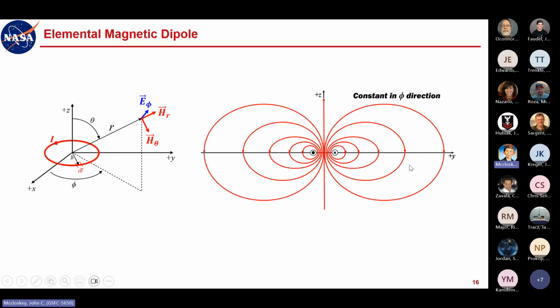We tend to emphasize the far field because the math and the analysis get easier. But the vector magnetic moment is a function of the loop area. It's the current in the loop multiplied by the loop area. So if it's a circular loop, it's just pi times the square of the radius.